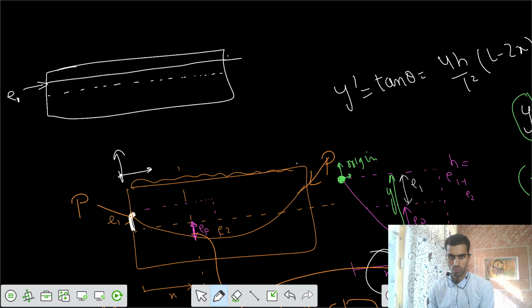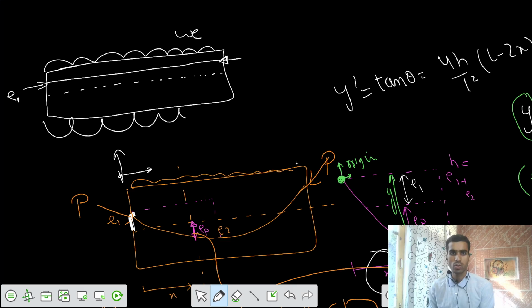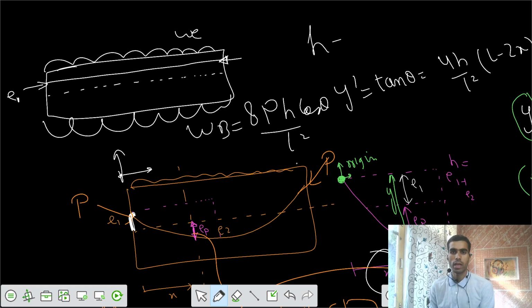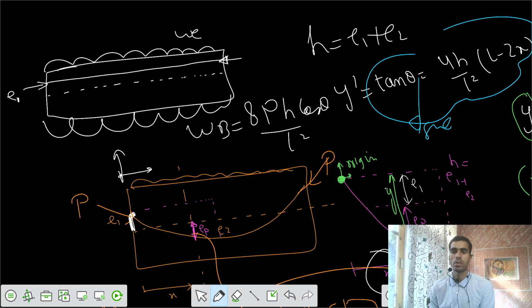So the cable would be formed in this fashion, and you have some external load, and there is also some balancing load of 8 P h cos theta by L square, where your value of h is E1 plus E2, and cos theta can be solved there. Once we got tan theta, after that you can get sin theta and cos theta. Okay, this is the equation for that slope.